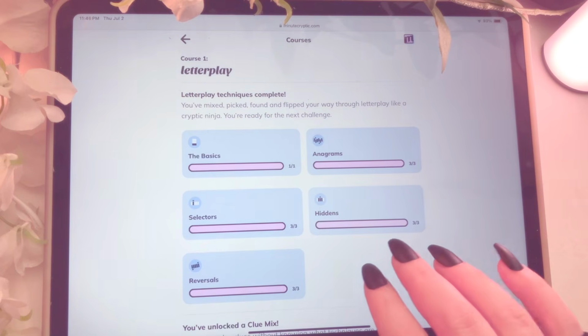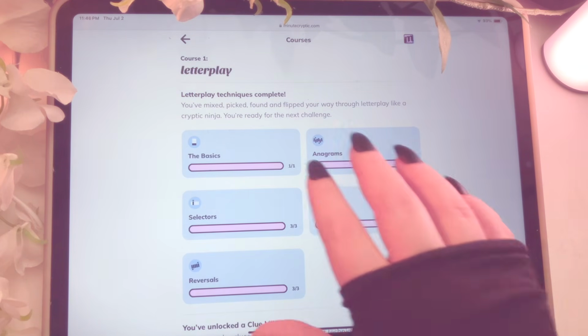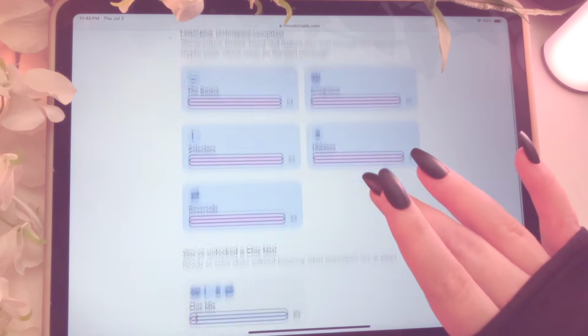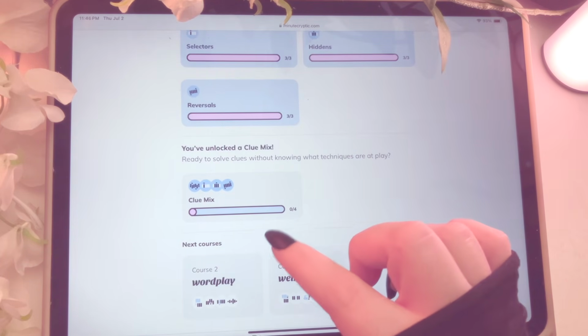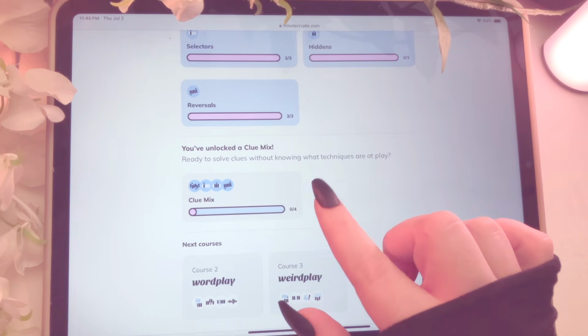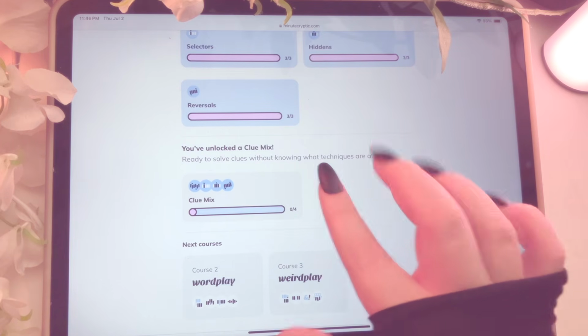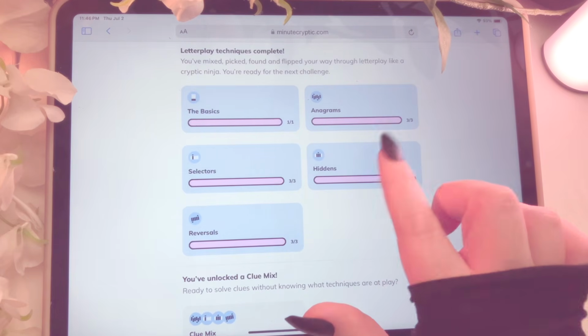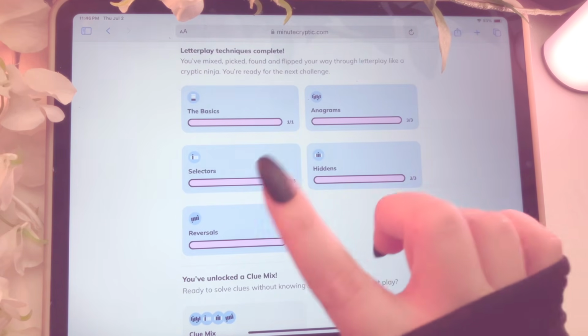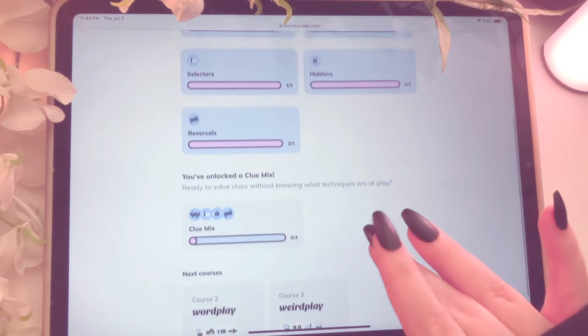There we go, we got all of the letter play tutorials done. But there is a nice clue mix one now. Ready to solve clues without knowing what techniques are at play? Several times while going over these, I mentioned that it was a relief to know which type of answer we were looking for.